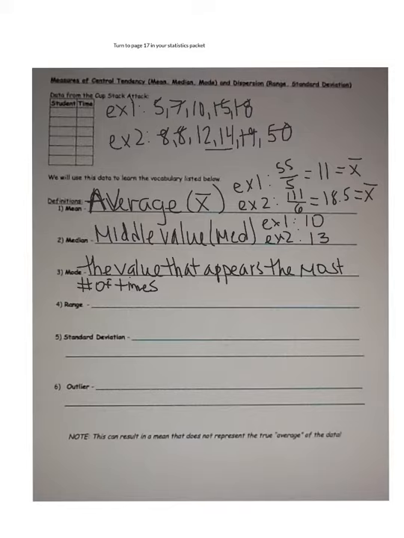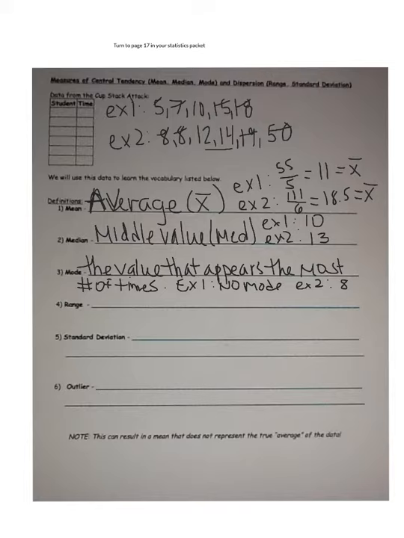So it's the number that appears the most. If we look at our example above, in example number 1, we've got 5, 7, 10, 15, 18. There's no number that appears more than once, so there is no mode. In example number 2, we have 8, 8, 12, 14, 19, 50. So the 8 repeats itself, so that means we have a mode of 8.